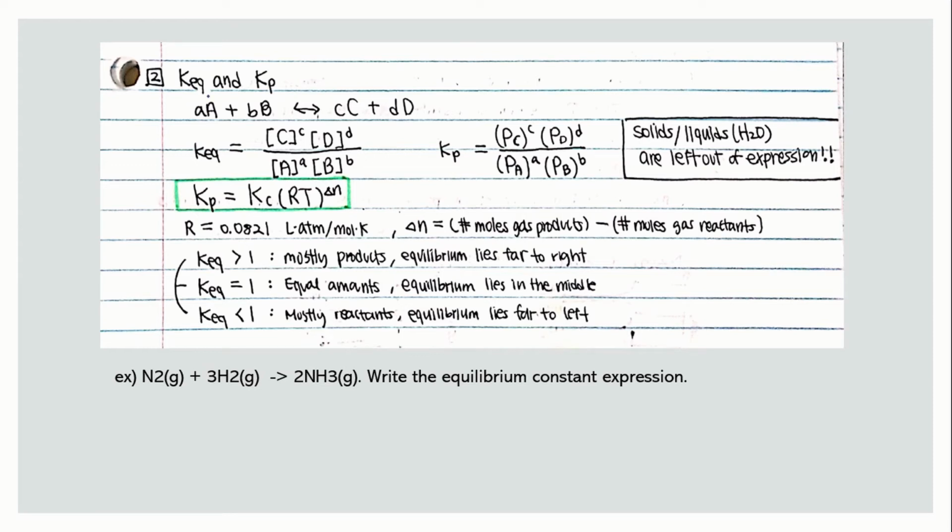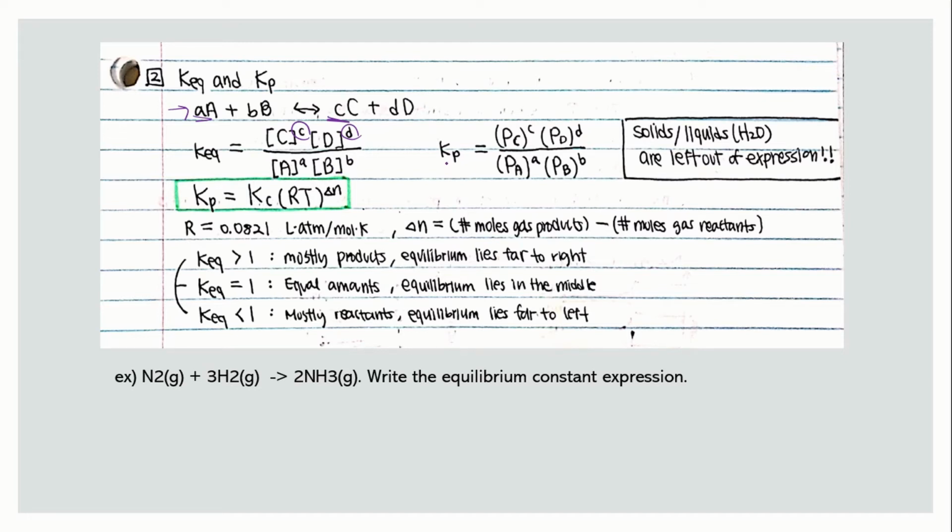Next topic is the Keq and Kp equilibrium constant. For this particular reaction, Keq equals the concentration of products, so concentration of C to the c power, the coefficient, times the concentration of D to the d power, over the concentration of A to the a power, the coefficient, times the concentration of B to the b power.